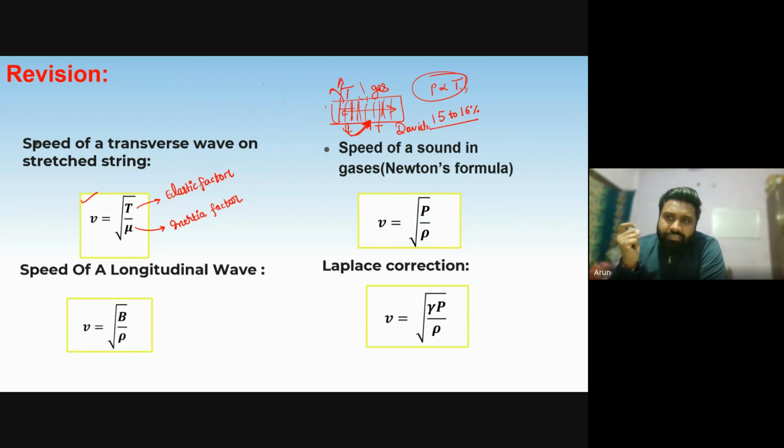If this process is happening very rapidly, there will not be sufficient time to exchange heat, and exchanging heat means sharing or changing the temperatures.